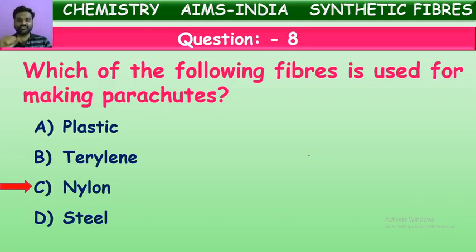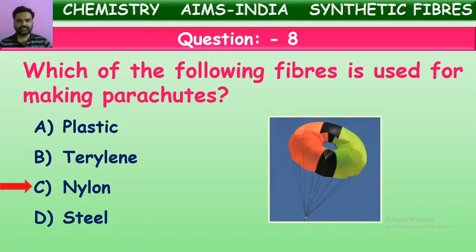It can be carried easily, and it is as tough as steel. If you take nylon wire and steel wire of the same thickness, the nylon wire is stronger than even steel wire, but it is lighter in weight than steel. So it can be carried easily, and it can bear much strain. That is why nylon wires are used in making parachutes.